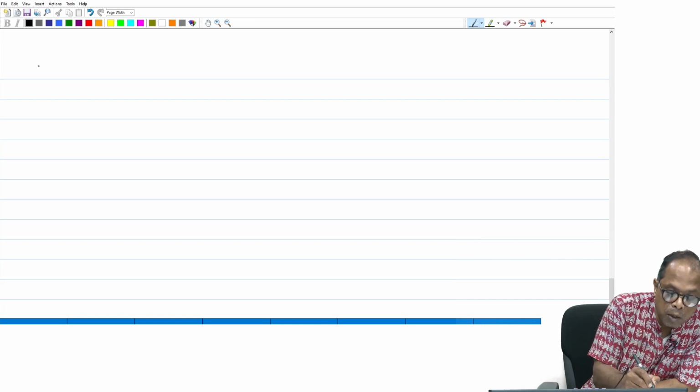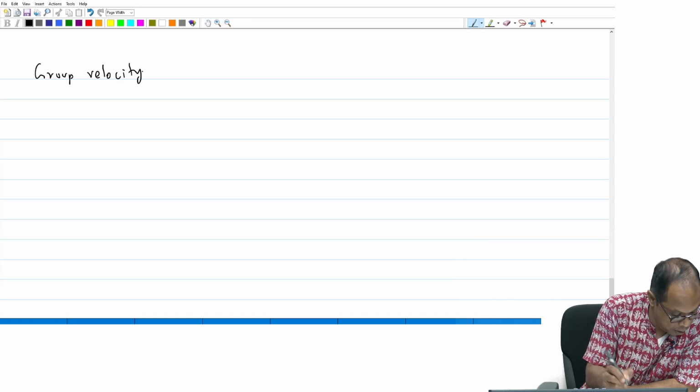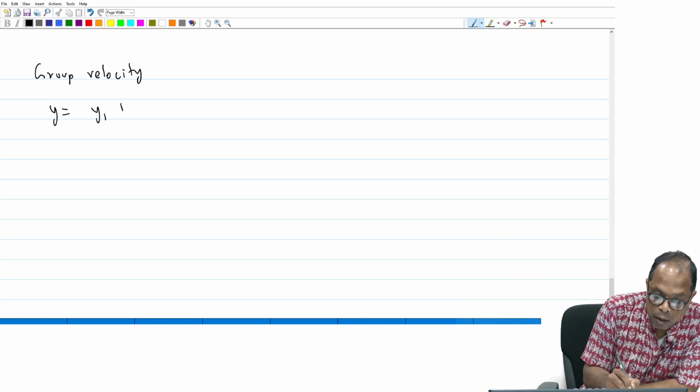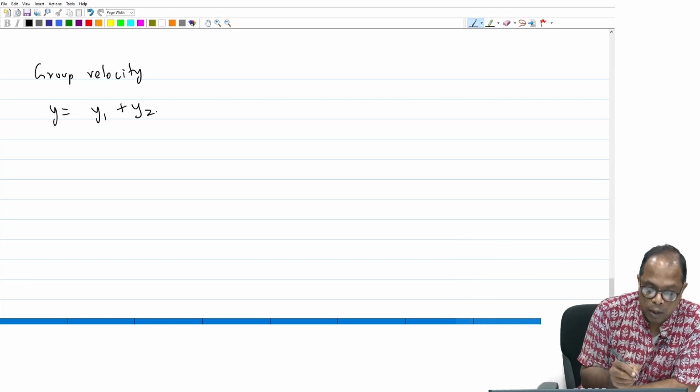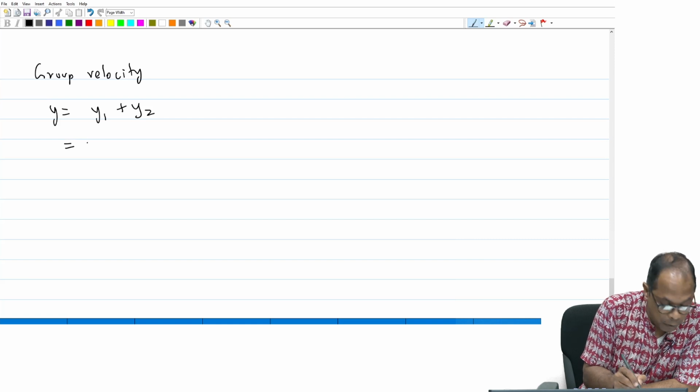We're going to do this concept of group velocity. Same thing. We're going to consider the resultant of two waves. Just for fun, I'm going to switch back to sine waves.